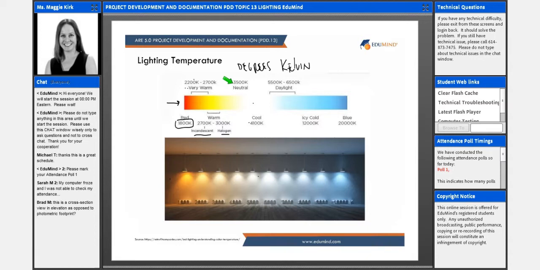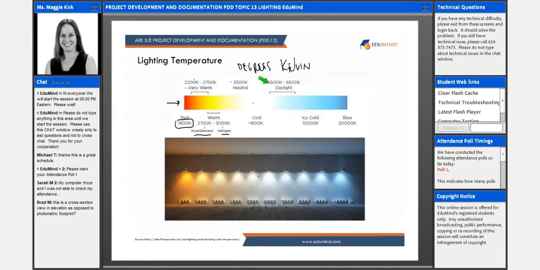And then when you start to get into 5500 K to 6500 K, well, that's when it starts to be referred to as daylight. And you'll see that, with some lamps, they may indicate whether it's a daylight type of light, whether it's a cool light or whether it's a warm light.